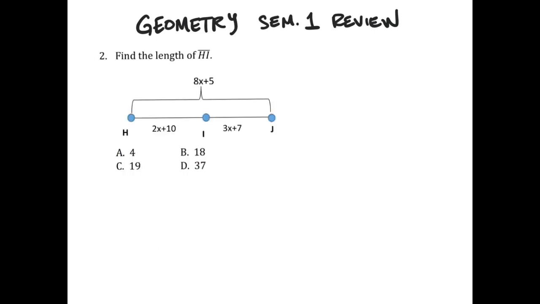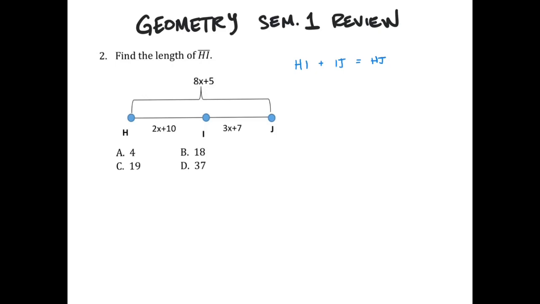In this next question, they ask for the length of HI. So the first thing we need to do is say, hey, HI, when combined with IJ, adds up to the big segment HJ. We call that the segment addition postulate. So now we can substitute the lengths or values there.